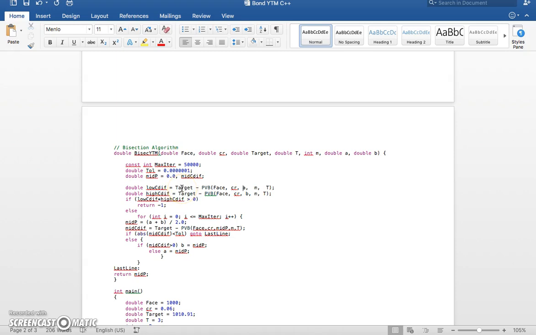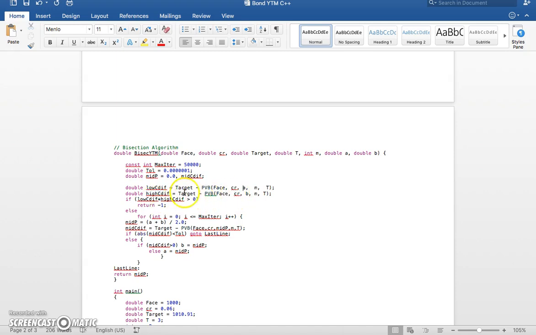So we have the target value, which is the actual market price of the bond, and then we run an initial guess as to what the discount rate would be, and we have a low initial guess and a high initial guess for A. So these are discount rates that we plug into our PVB formula that we call up from the previous code up here, and it runs an estimation to get the present value of the bond.